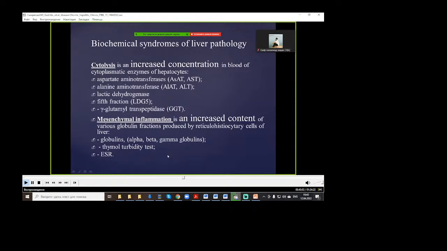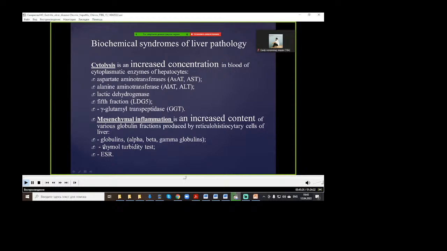Mesenchymal inflammation is an increased content of various globulin fractions produced by reticulohistiocytic cells of the liver. So in this case, alpha, beta, gamma globulins will be increased. The turbidity test will be positive.